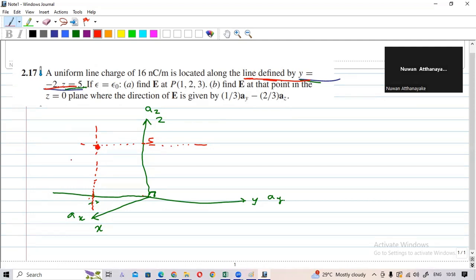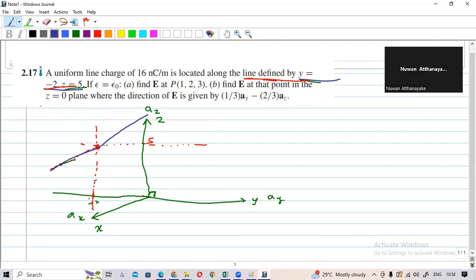If you move these points along the x-axis, in x minus and x plus direction, you will get a line. So this is the line charge actually defined. You should understand that. It is not going through these two points; this line charge is defined by these two points.